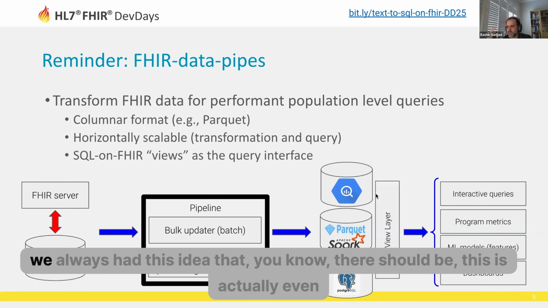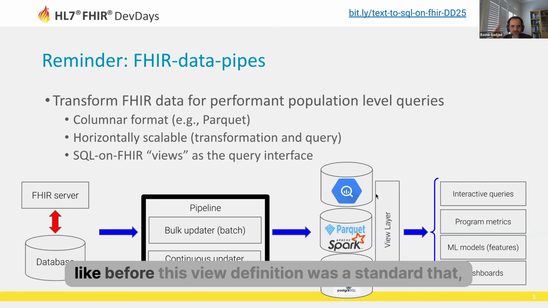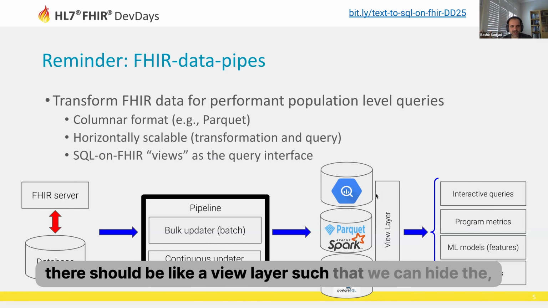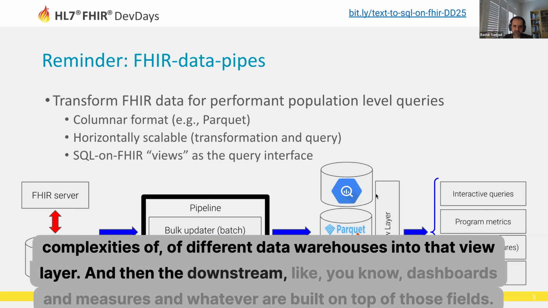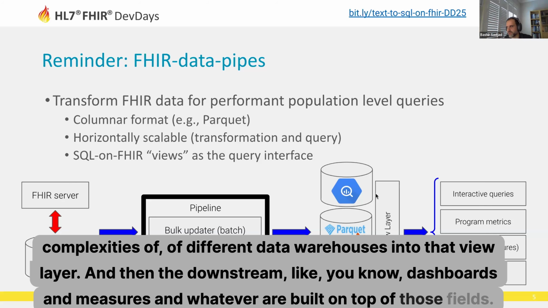We always had this idea, even before view definition was a standard, that there should be a view layer such that we can hide the complexities of different data warehouses into that layer, and the downstream dashboards and measures are built on top of those views.